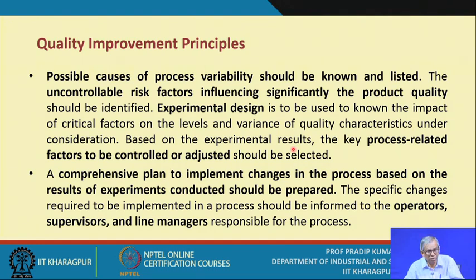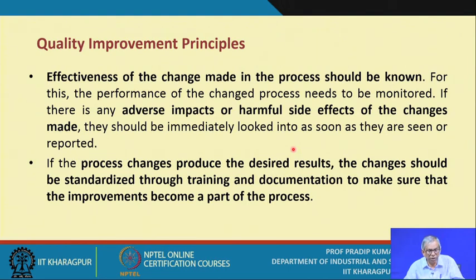There could be certain suggestions for quality improvement, so how to implement them within a specific time frame, that should be considered. The effectiveness of the change made in the process should be known. So this way we carry out several exercises, and we have to collect data, and the data has to be properly analyzed.